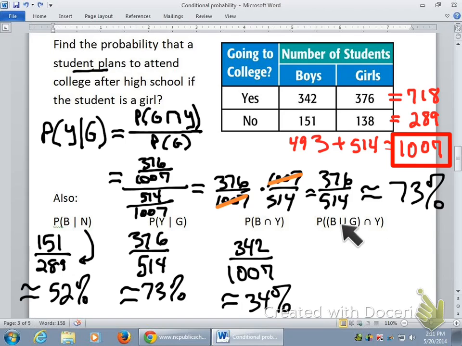So how many boys or girls together are there? 718 boys or girls intersect with the yes, right? So there's 718 that intersect out of how many? Okay, it's 1,007 because it is the entire sample space. I didn't put in conditions on this. All right, 71%.